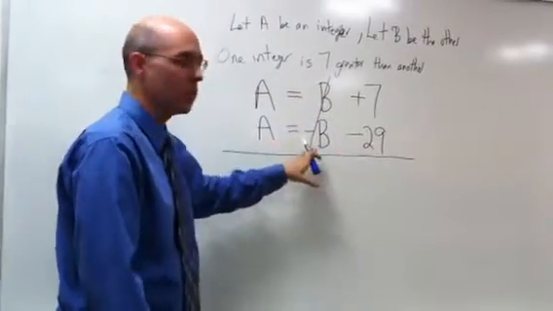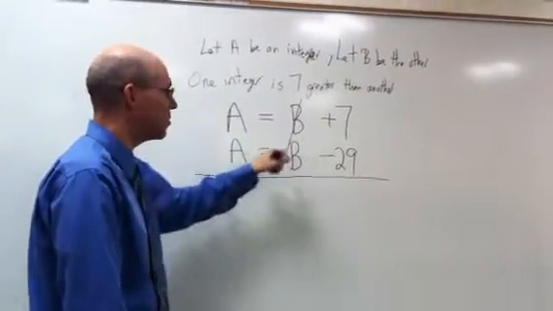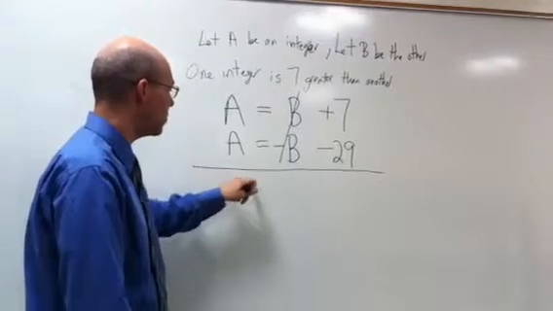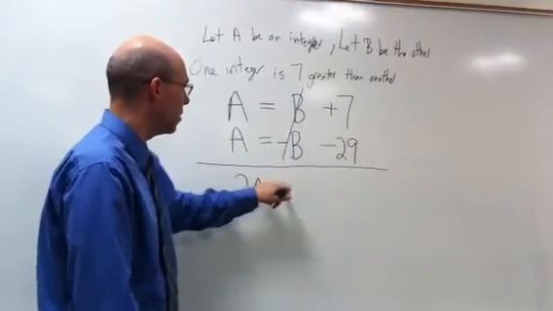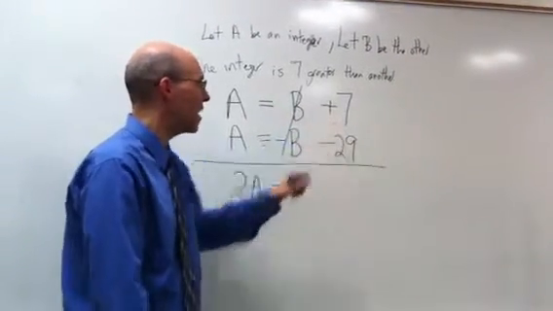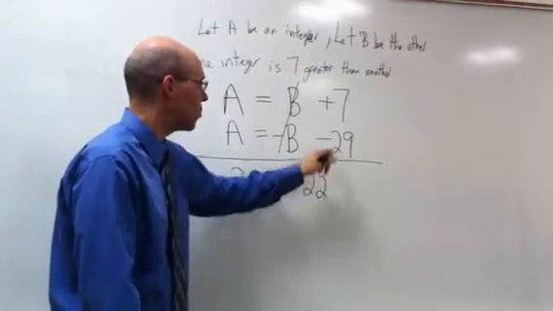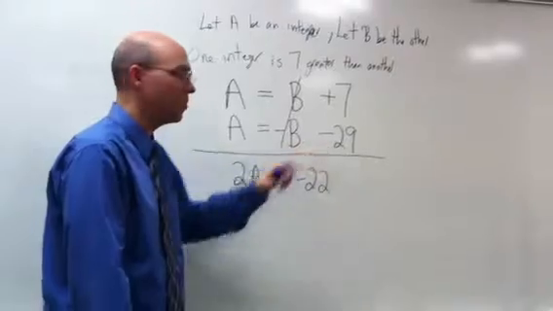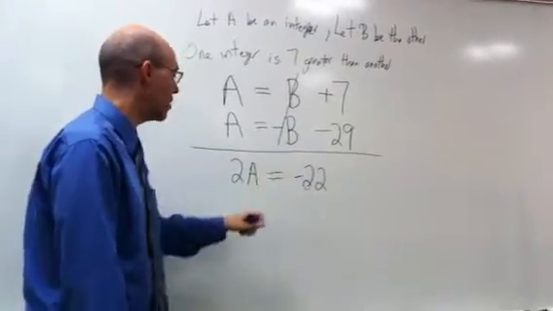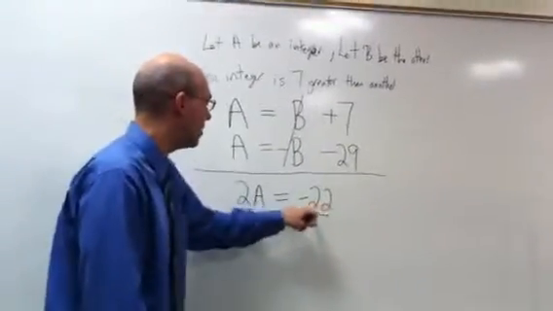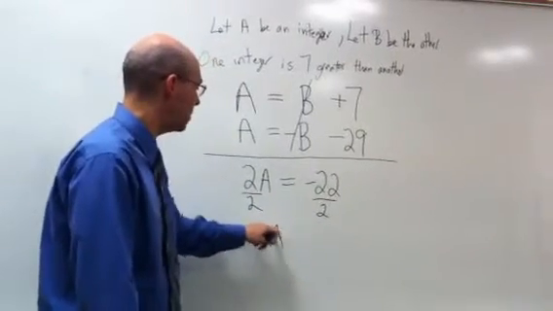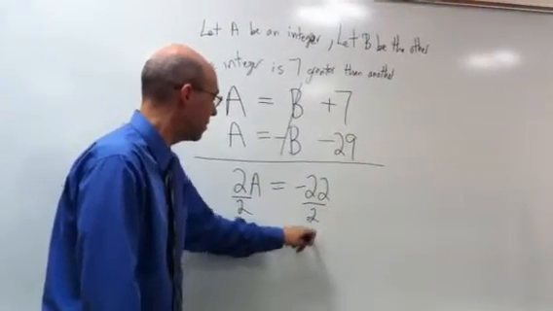This was the elimination we've been talking about. B minus b is 0. A plus a is 2a equals, and then 7 minus 29. Remember, that's 29 minus 7, but the bigger number is negative, so it's going to be a negative 22. Divide by 2, and a equals negative 11.